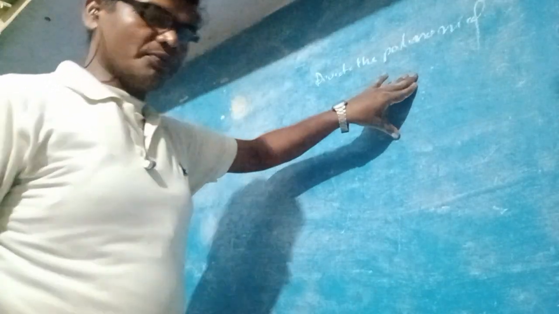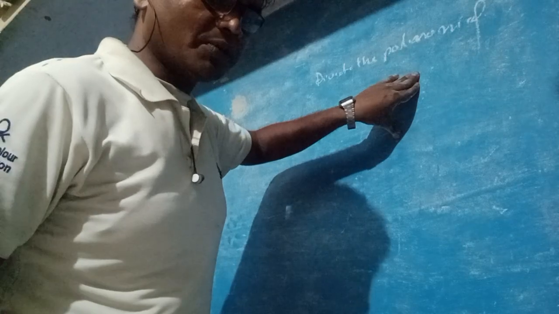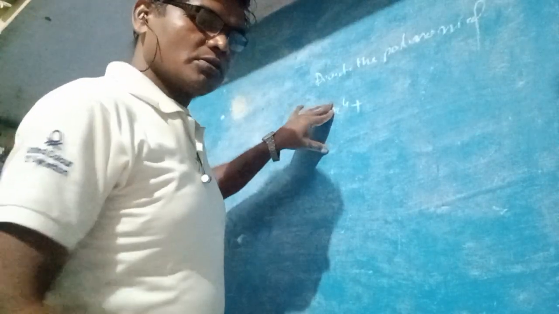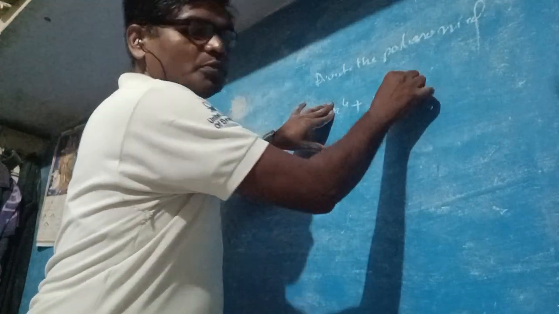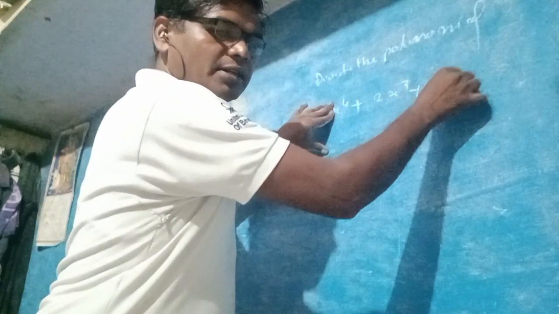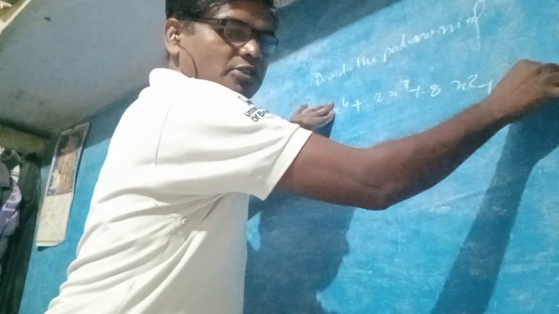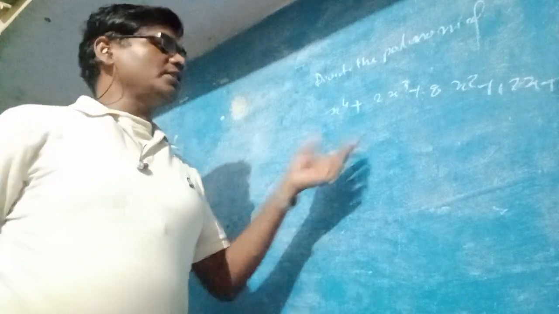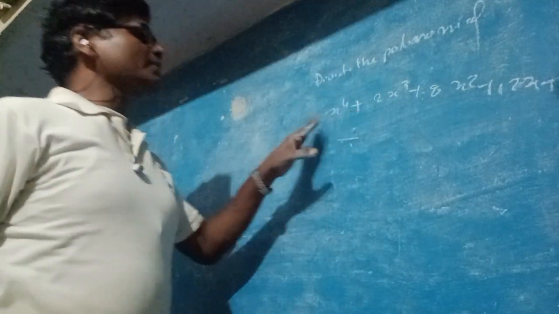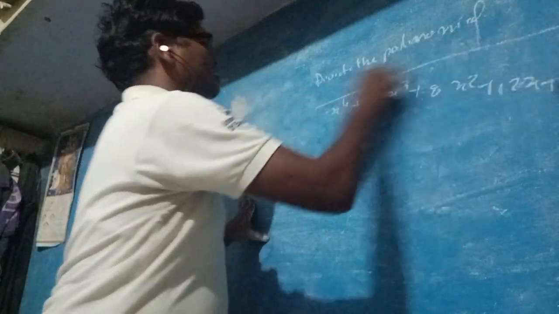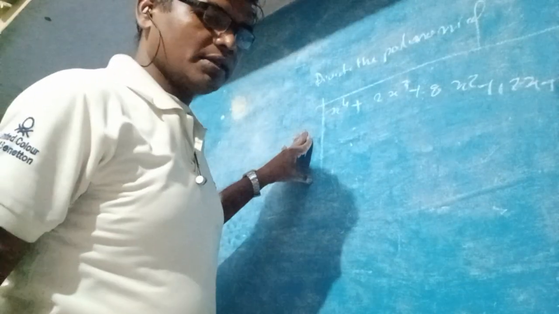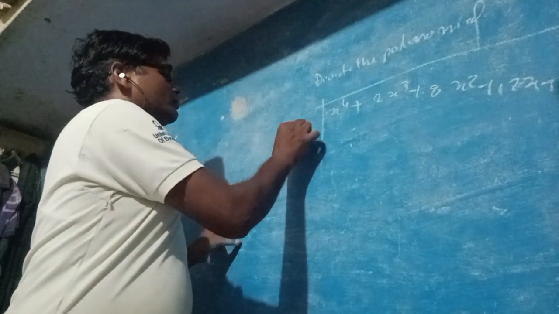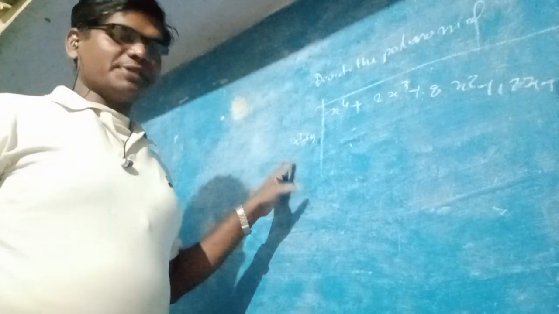Which polynomial? The polynomial given here is x to the power 4 plus 2x cube plus 8x square plus 12x plus 18, divided by x square plus 5. So here is the given equation.